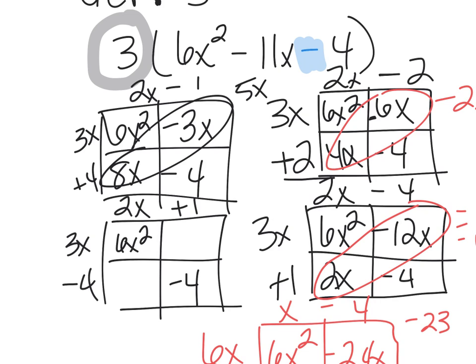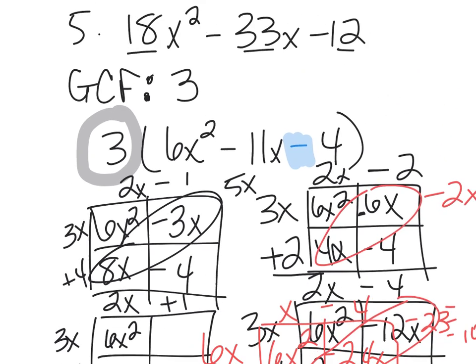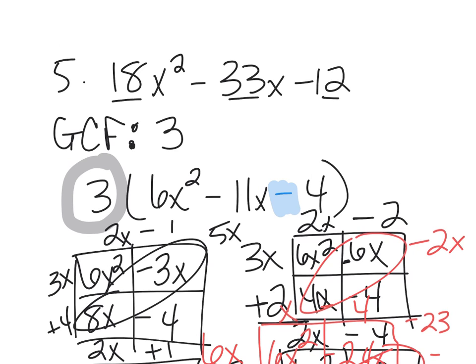Oh my goodness, no wonder I can't get this to work. That's not a negative 12. It's a positive 12. It makes it a lot easier when you write the problem down correctly.